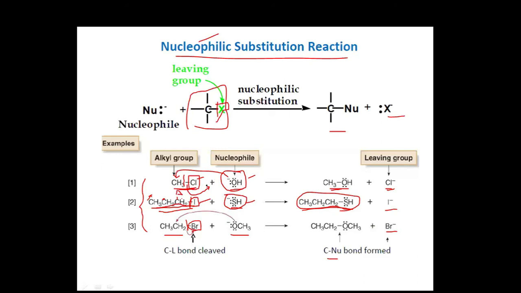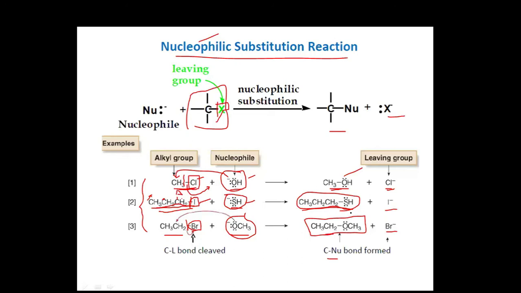Suppose you have an alkyl halide and it reacts with the nucleophile OH minus, you will get an alcohol. Suppose you have an alkyl iodide treated with SH minus, then you will get the corresponding thiol. Then if you have ethyl bromide and methoxide ion, the reaction between these two leads to formation of a product.